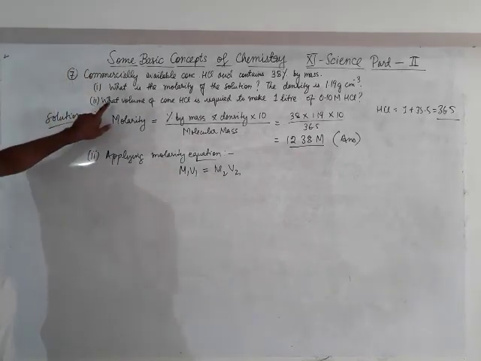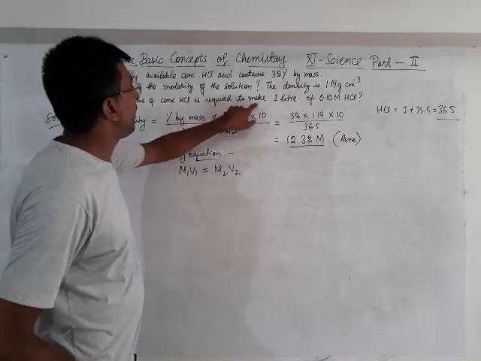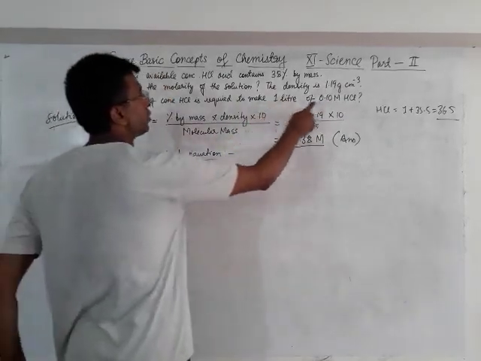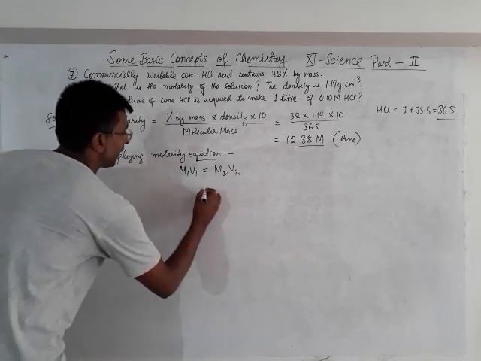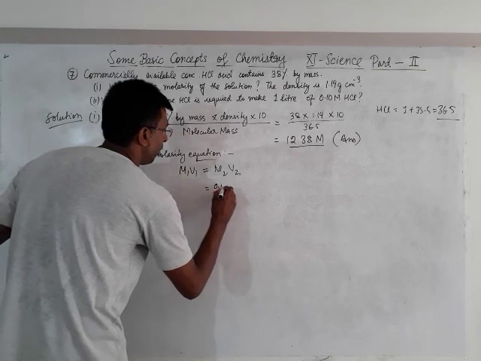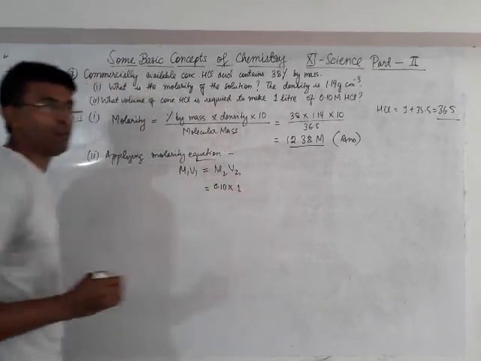Now the question says, what volume of conc HCl is required to make 1 liter 0.10 m HCl? This 1 liter and 0.10 m HCl, make it as M2V2. The second molarity value given is 0.10. 0.10 into V2. Volume 2 is 1 liter. So let it be 1 over there.